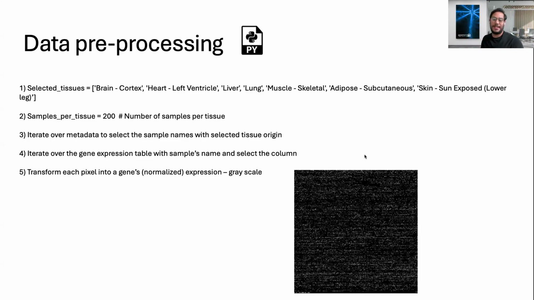So each pixel represents one gene expression. And it's grayscale, so dark means low expression and it goes up to white, which is high expression. As you can see, you have a really nice representation of the table. That's why I'm saying it was a really interesting exercise, because you have a visual representation of the gene expression.